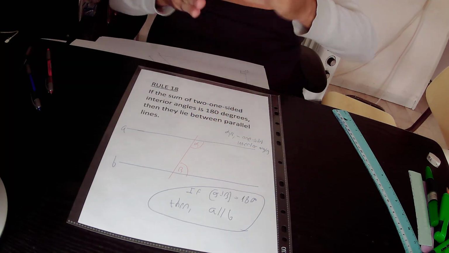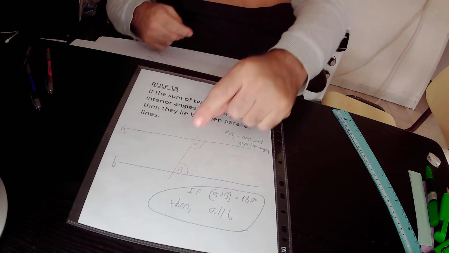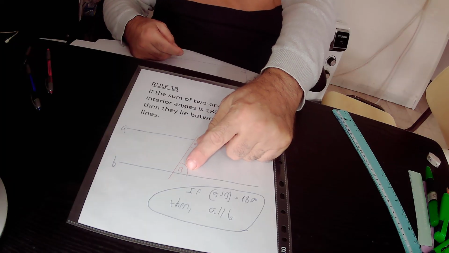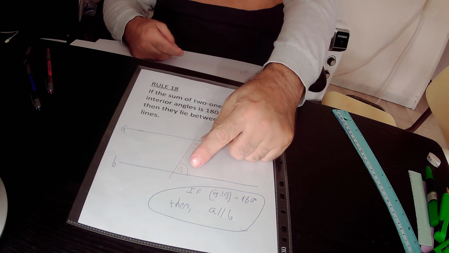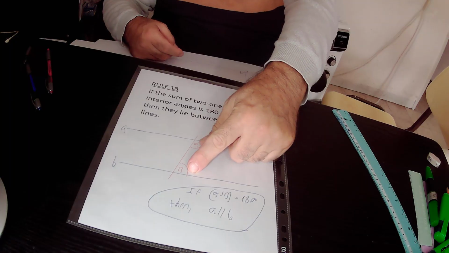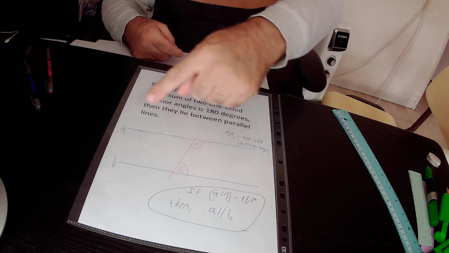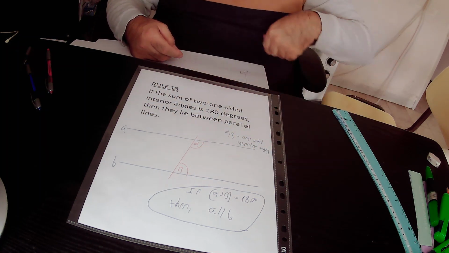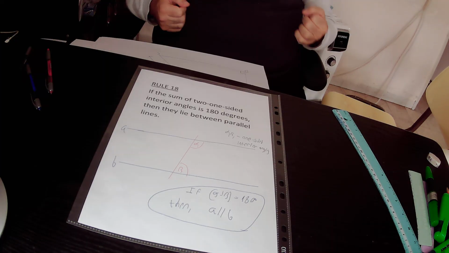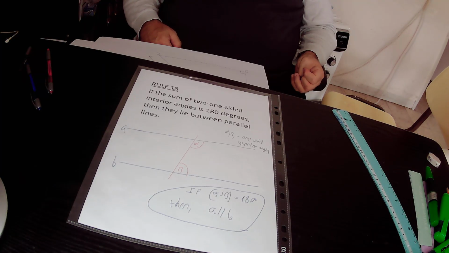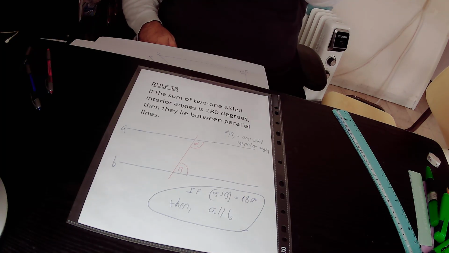And according to rule 18, if alpha plus beta equals 180 degrees, then those two one-sided interior angles must be located between parallel lines. That is to say, line A is parallel to line B. So whenever you have two one-sided interior angles whose sum is equal to 180 degrees, they must be located between parallel lines according to rule 18.